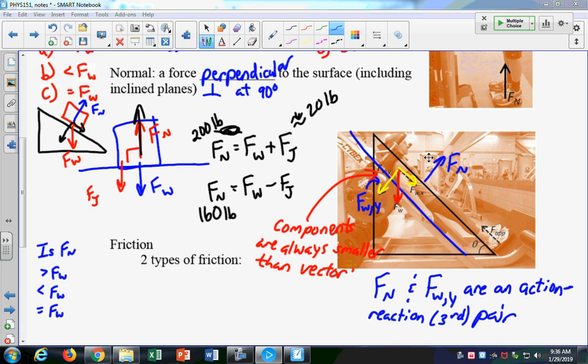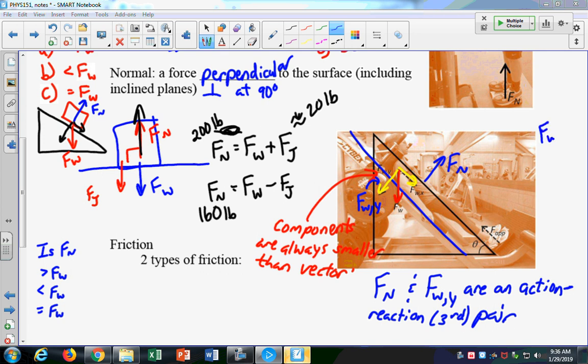You follow me? Okay. That's an important idea, that our normal force will decrease if you're on an inclined plane. So, for example, let's say that I weigh 700 newtons.